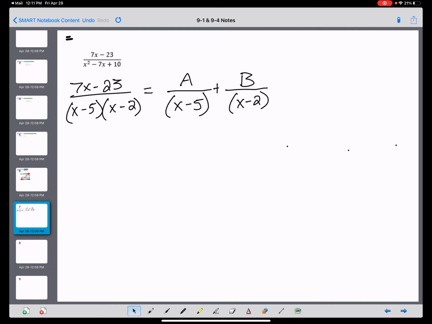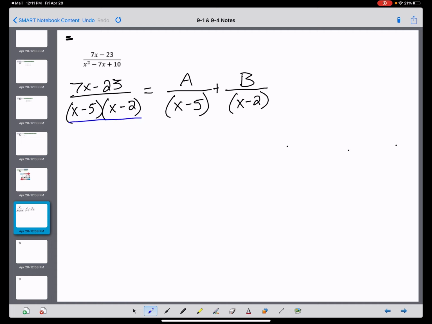Now, if you wanted to get rid of the fractions, since it's hard to deal with them, you would need to multiply by the least common denominator, which is the denominator you started with once you factored it.